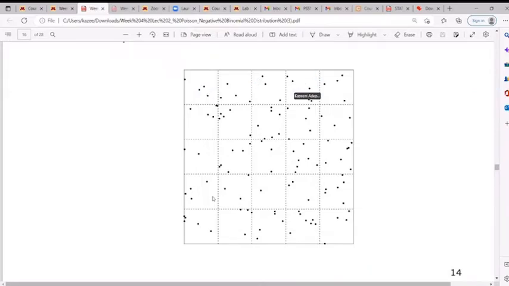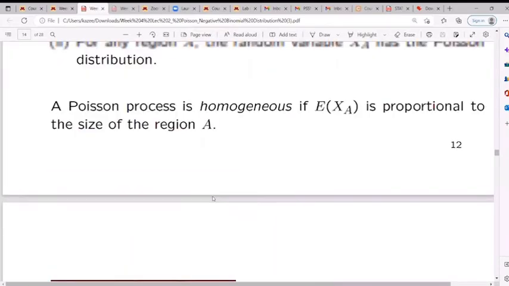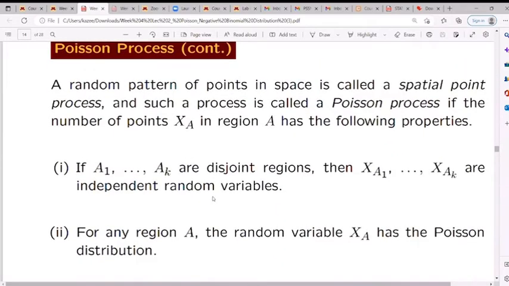And that is the reason why, if you really want to define the Poisson process, we're basically going to say a random pattern of points in space is called a spatial point process, and such a process is called a Poisson process if, of course, the following hold.